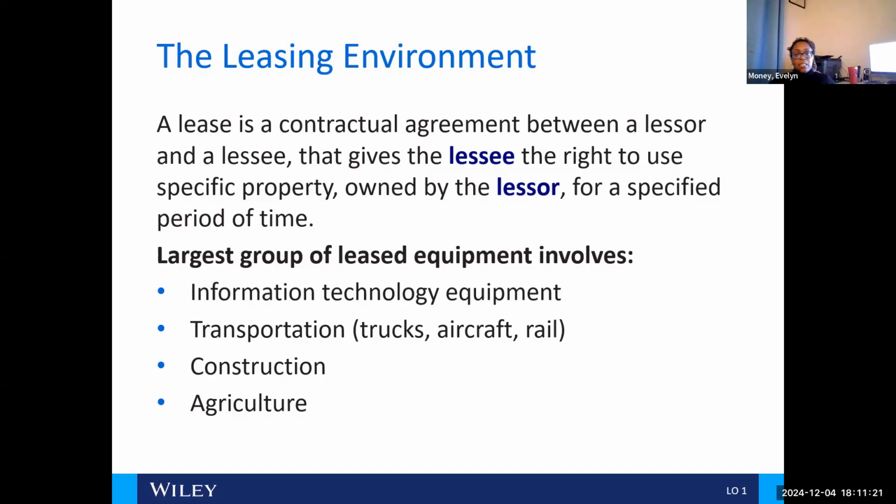Sometimes companies decide to enter into leasing arrangements because there are tax benefits for the lessor. For the lessee, it provides them with flexibility so they can switch out. They don't have to worry about products going obsolete as much.